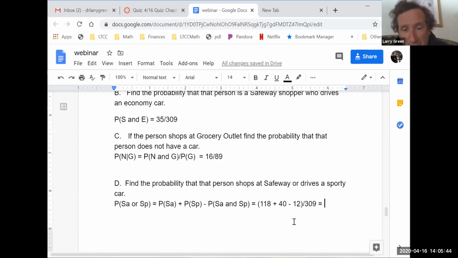And again, you're welcome to use a calculator, but I'm just going to do it in my head because I can. 118 plus 40 is 158, minus 12 is 146. So it's 146 over 309. Any questions on part D? Any questions?